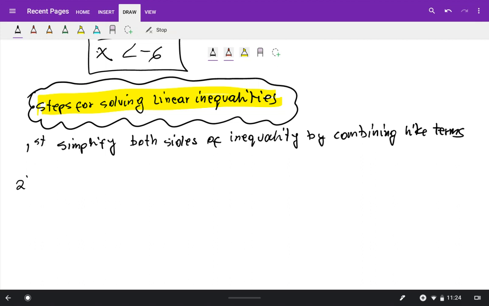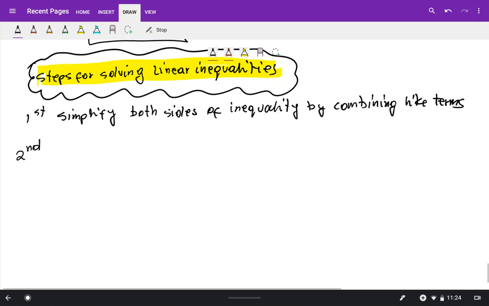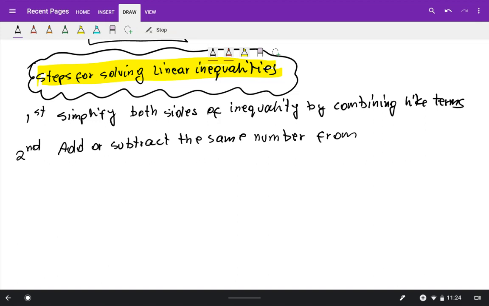Second, you're going to add or subtract the same number from both sides to isolate the variable.